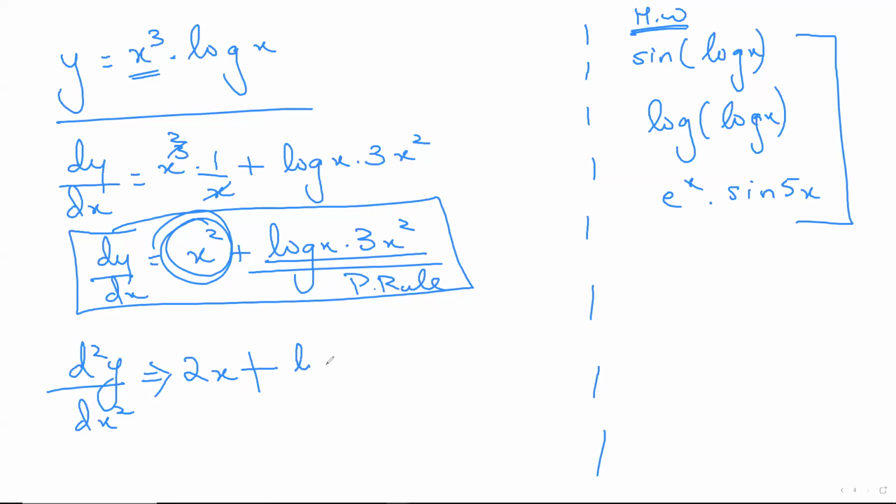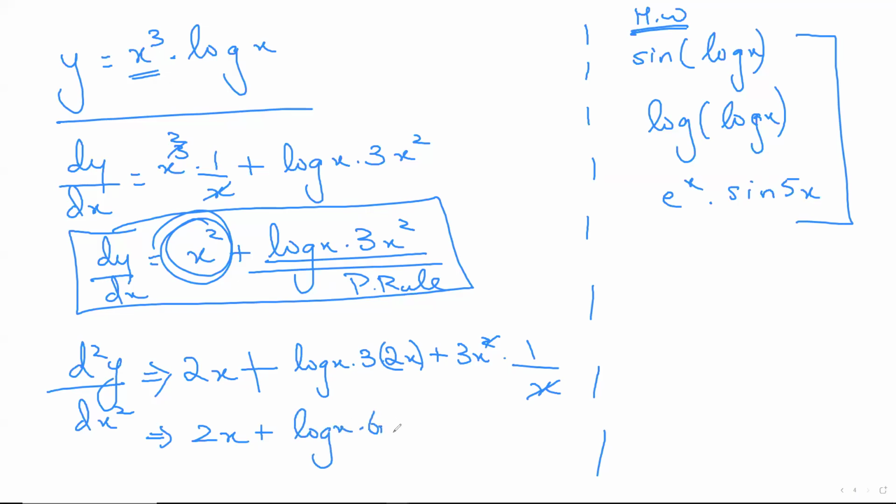First term as it is, dot differentiation of second term is 3 into 2x, plus second term as it is into differentiation of log x is 1 by x. So it becomes 2x plus 3 times 2 is 6x, so log x dot 6x plus 3x.